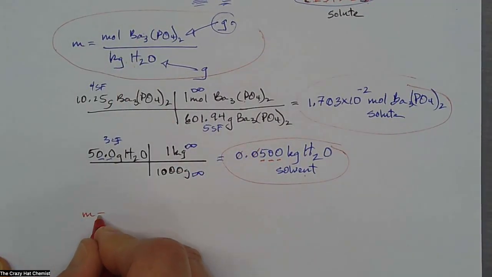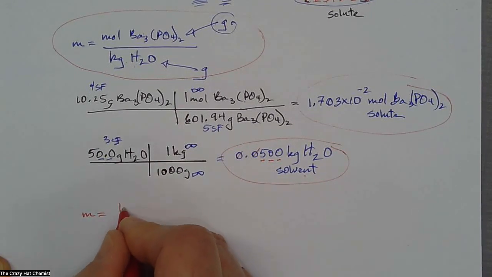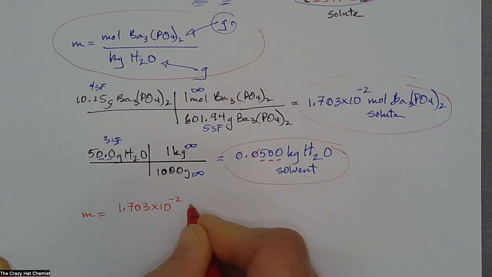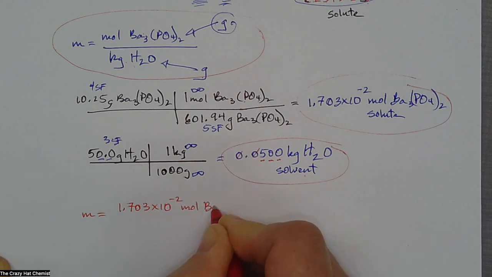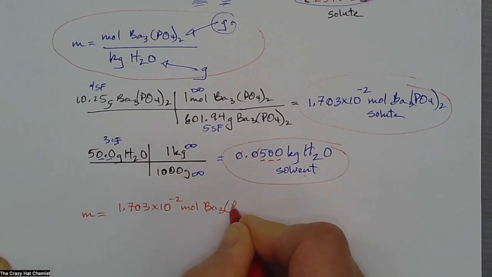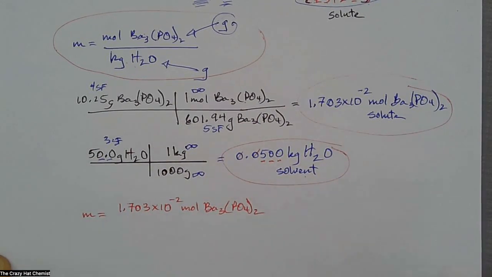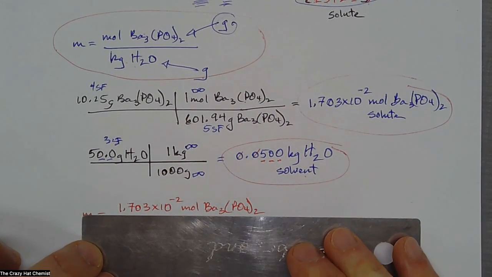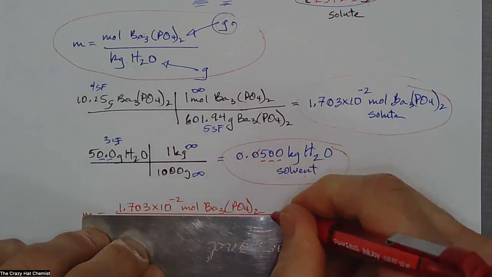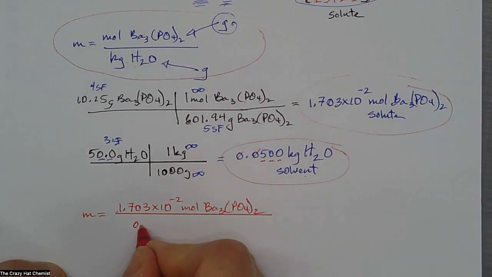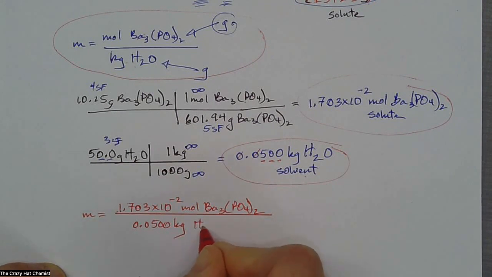So our molality is going to equal 1.703 times 10 to the negative 2 moles of Ba3(PO4)2 divided by our 0.0500 kilograms of H2O.